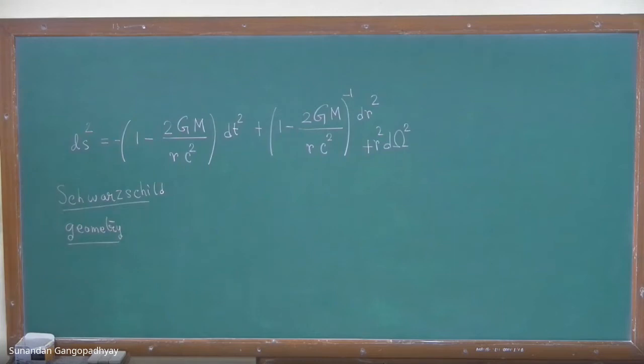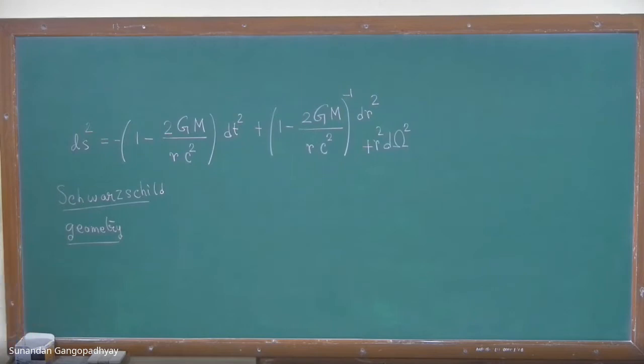And this basically describes the metric. This is a spherically symmetric vacuum solution of Einstein's field equations, and it basically describes the metric outside a spherically symmetric star of radius capital R.